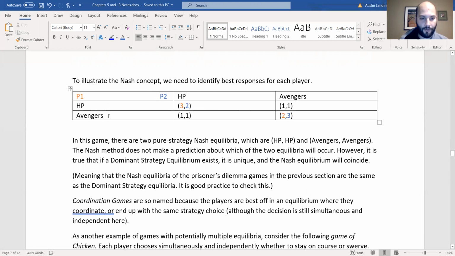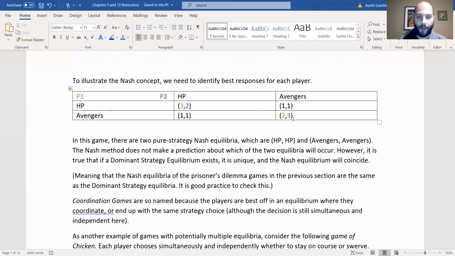Conditional on player 1's choice of Avengers, player 2 would get 1 for Harry Potter or 3 for Avengers, chooses Avengers. Right, so in this game, we actually have two pure strategy Nash equilibria, which are each chooses Harry Potter and each chooses Avengers. And the Nash method isn't able to make a prediction about which of the two equilibria will occur.